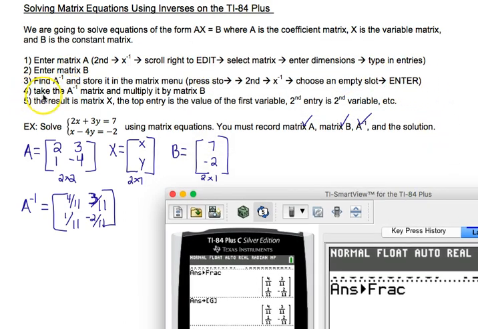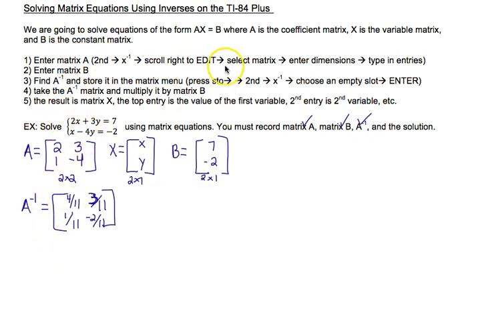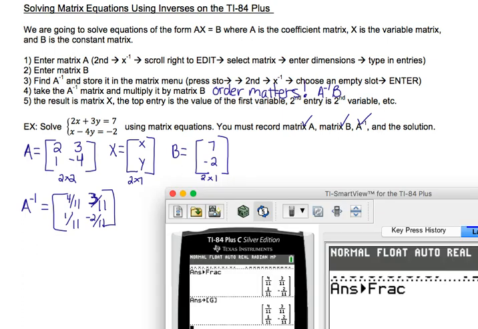So step 4, take the A inverse matrix, which is what I just had, and multiply it by matrix B. Something very important: remember that the order matters. So we are doing A inverse times B, not the other way around. If you try to do it the other way around, you're not going to get the right answer.